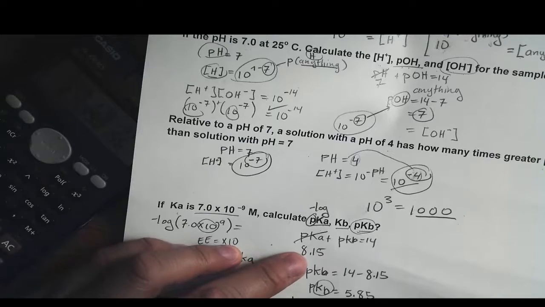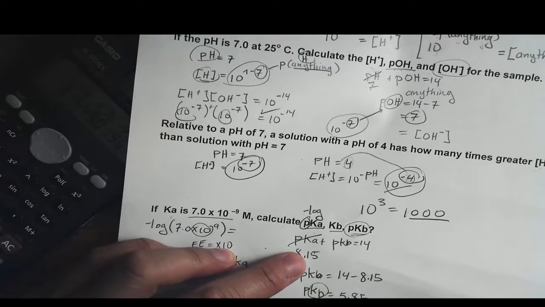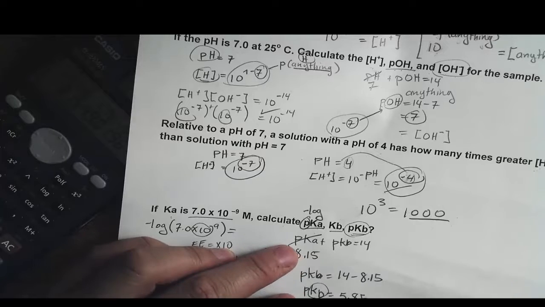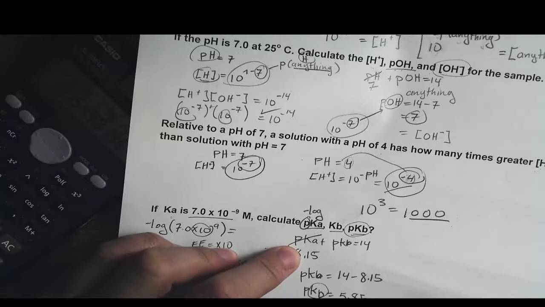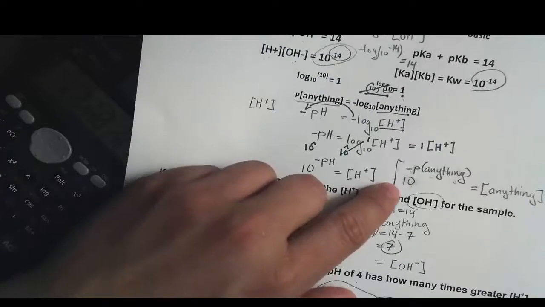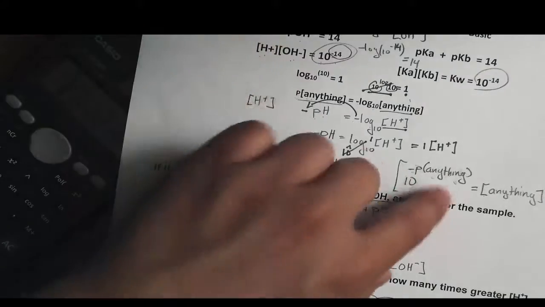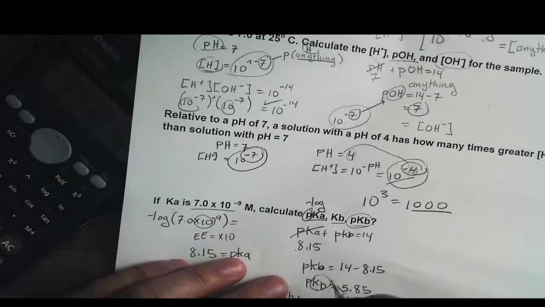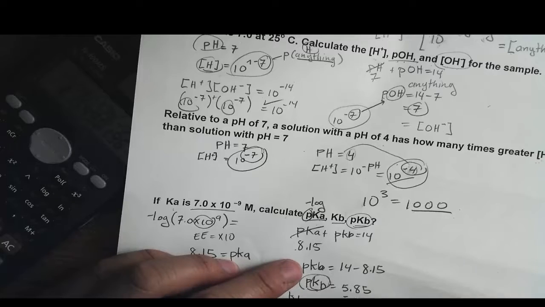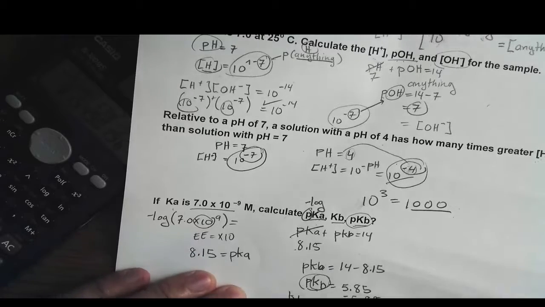So it's going to be 10 to the power of negative P of anything, and in this case that anything is Kb. So our pKb is 5.85, so 10 to the power of negative 5.85. That will give us our Kb.